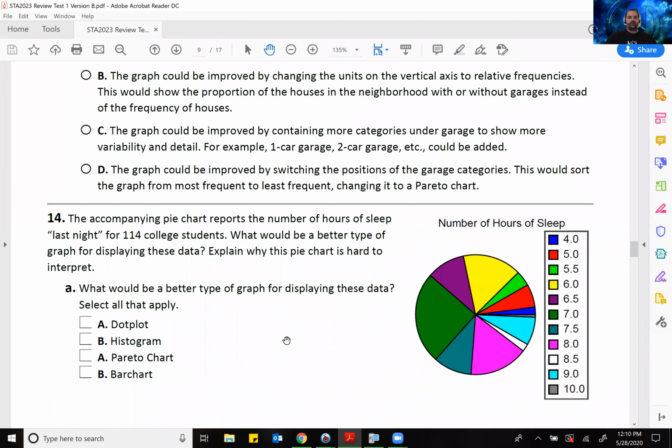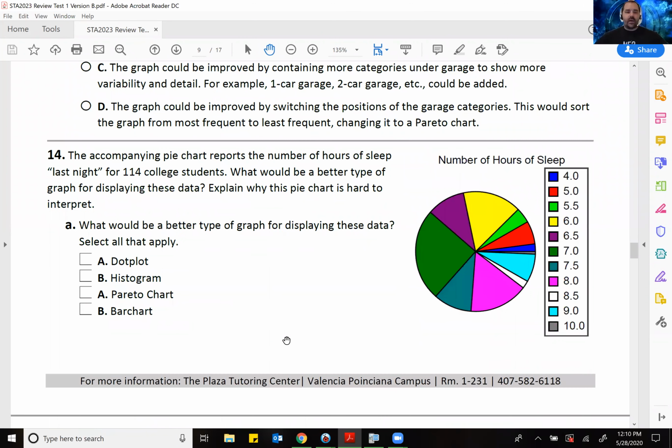So right down here, the accompanying pie chart reports the number of hours of sleep last night for 114 college students. What would be a better type of graph for this? A histogram?